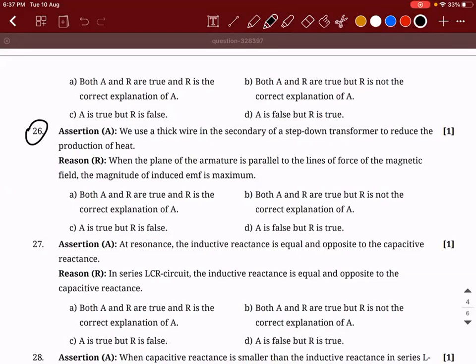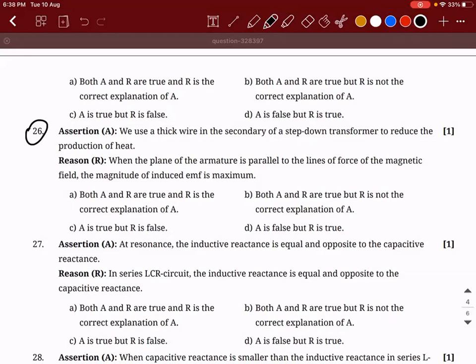At least try. You open your textbook, the answer will be there. At least try the assertion. It feels as if I'm solving this paper for myself.